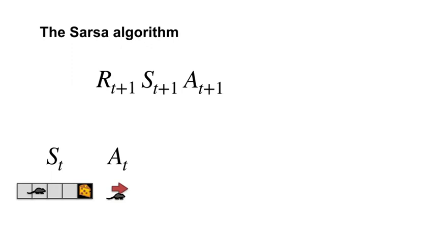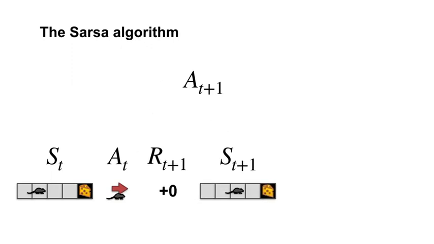Next, it takes that action in the current state and observes the reward R_{t+1} and next state S_{t+1}. In Sarsa, the agent needs to know its next state-action pair before updating its value estimates. That means it has to commit to its next action before the update. Since our agent is learning action values for a specific policy, it uses that policy to sample the next action.